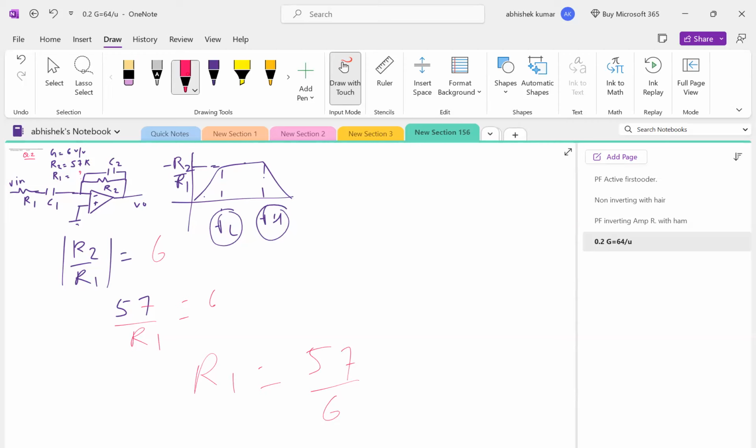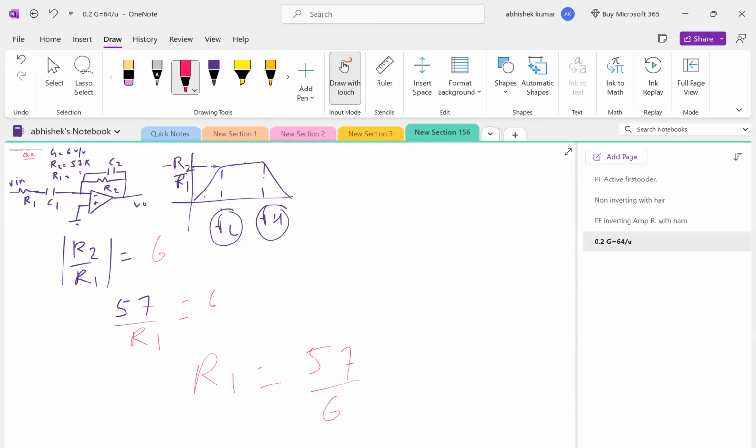Have they given you the frequency? What is the necessary cutoff frequency? I'm thinking maybe something is missing there.